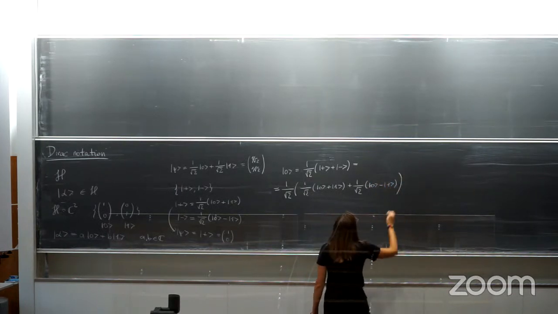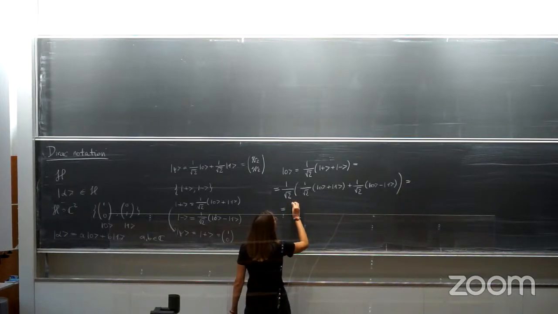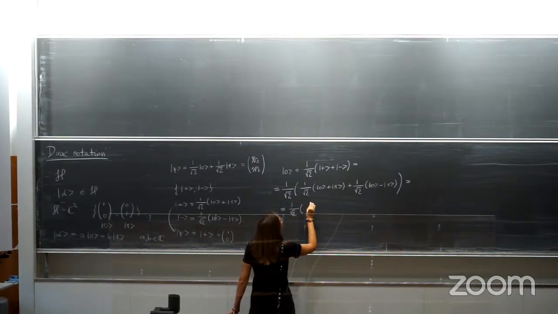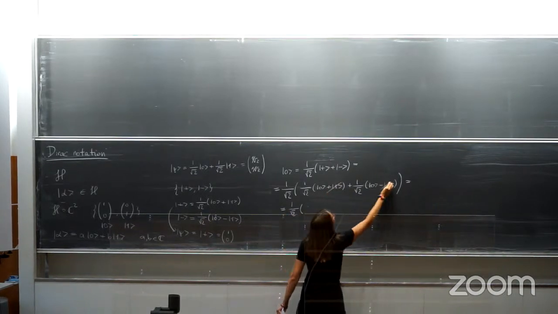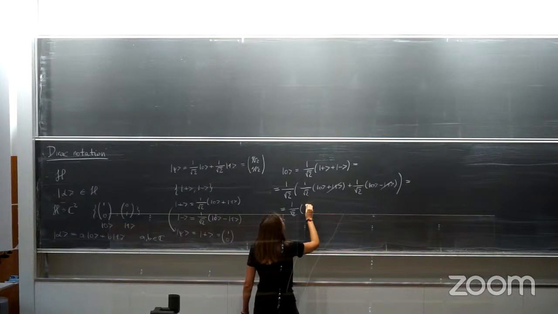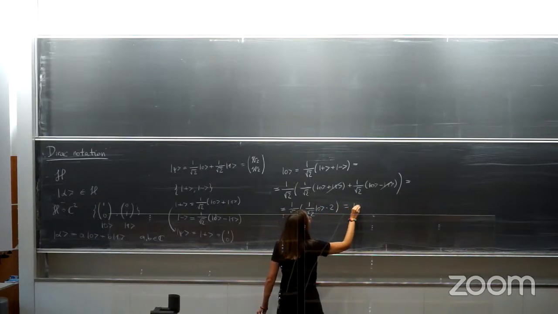So the 1 goes away here and here, and we're left with 1 over square root of 2 times 0 by 2, and this is just 0.